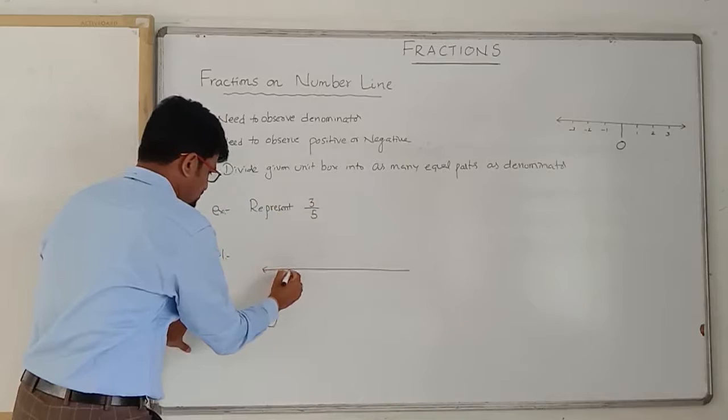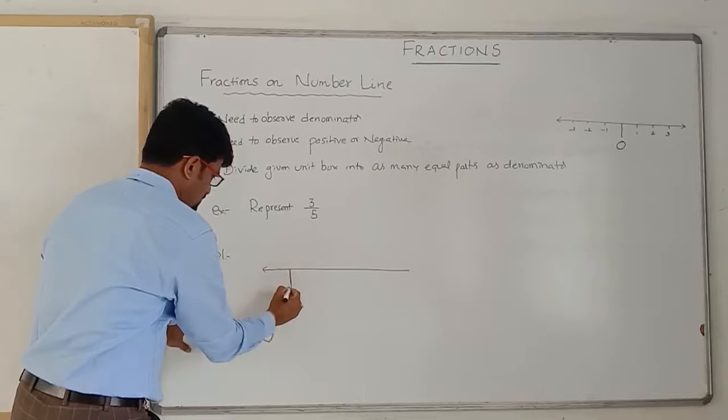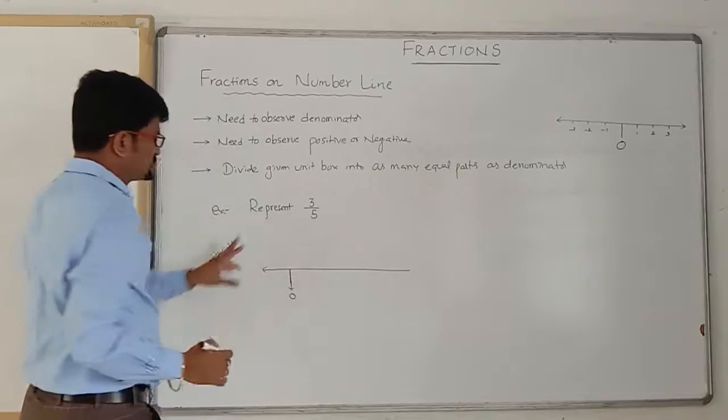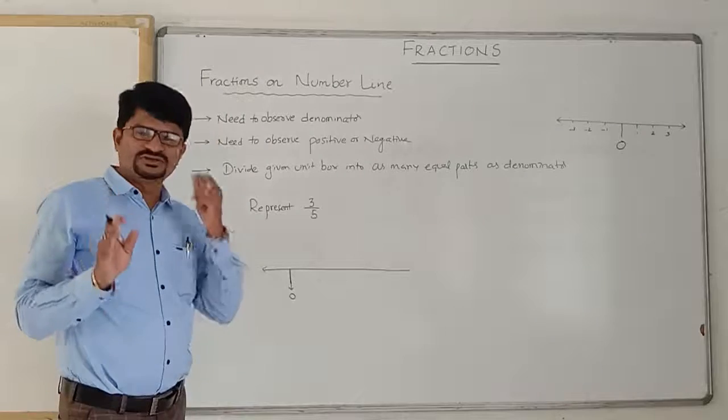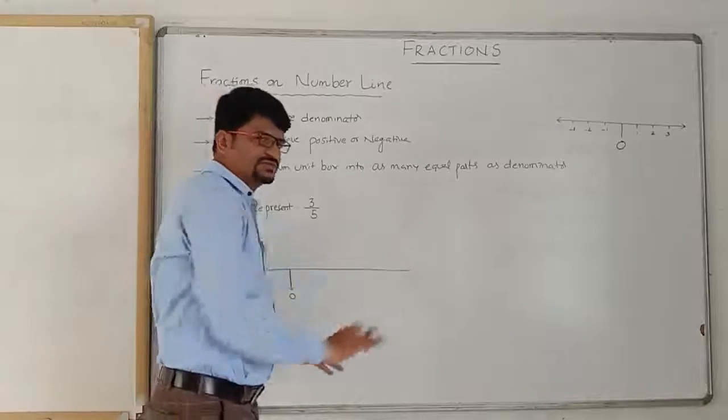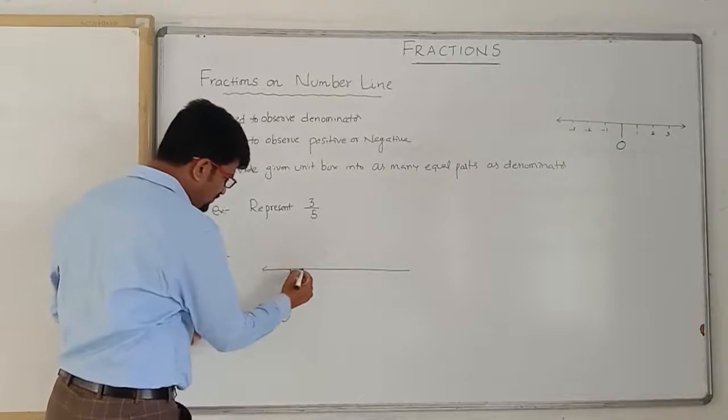Here somewhere you can start 0. This is positive, so positives must occur on the right side of the 0. So you can divide into 5 small equal parts.